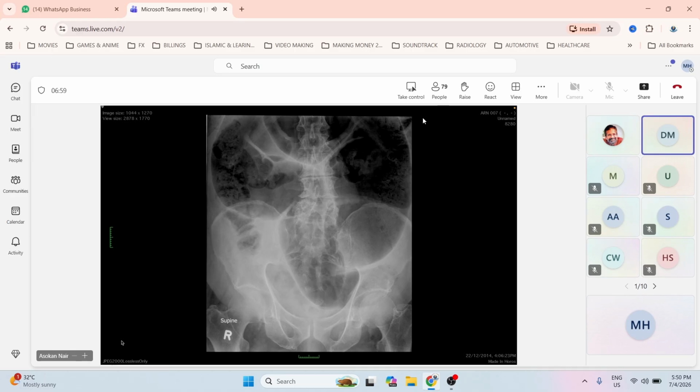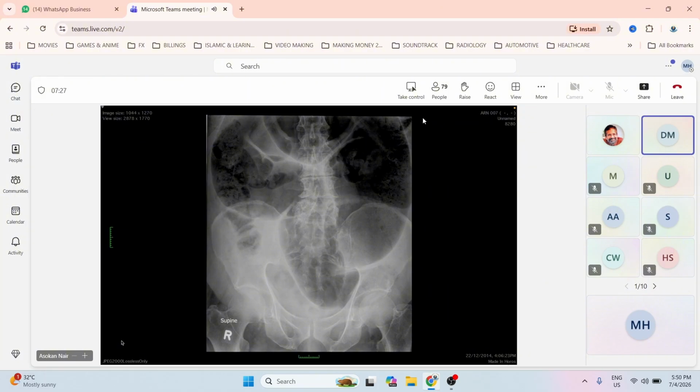Okay, this is an abdominal radiograph of an adult. I can see that there is gross dilatation of the large bowel, giving rise to a coffee bean shape. Otherwise, trying to look for any pneumoperitoneum from this radiograph, I cannot appreciate any free extraluminal air.